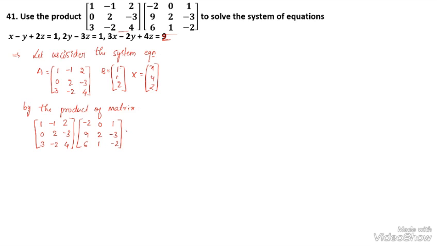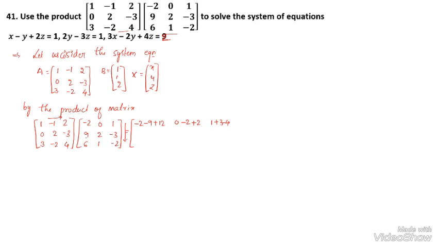Now I can take the multiplication, row by column. First row, first column: 1 into minus 2 is minus 2, minus 1 into 9 is minus 9, 2 into 6 is plus 12. First row, second column: 1 into 0 is 0, minus 1 into 2 is minus 2, 2 ones are plus 2. First row, third column: 1 ones are 1, minus 1 into 3 is plus 3, and 2 twos are 4, that is minus 4. First row is completed.